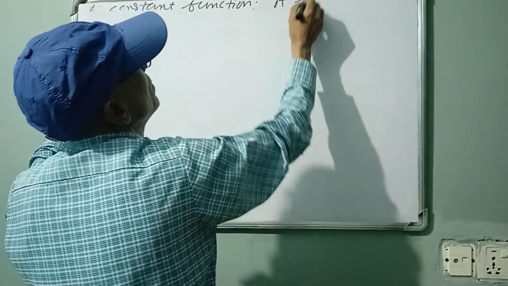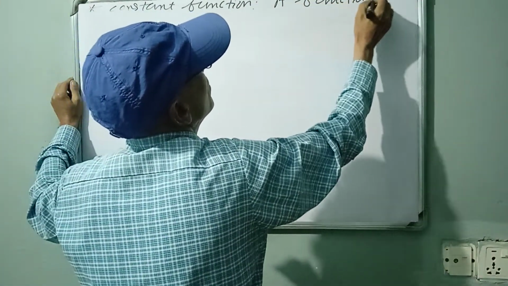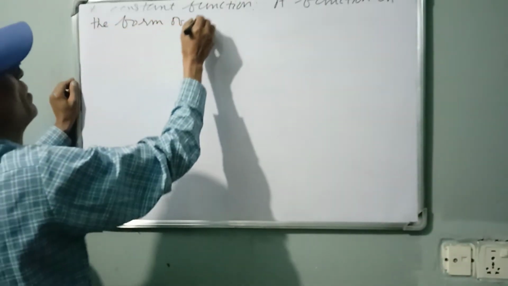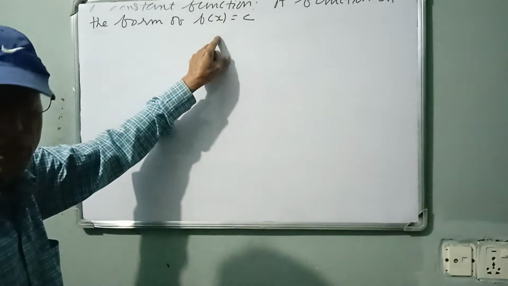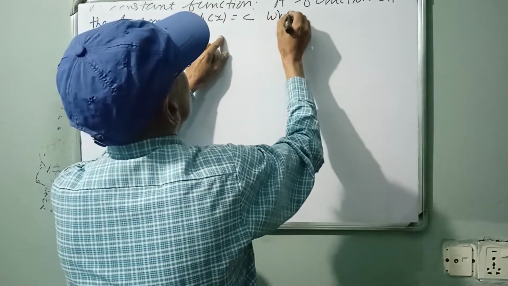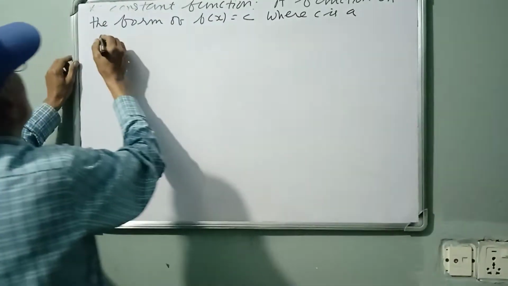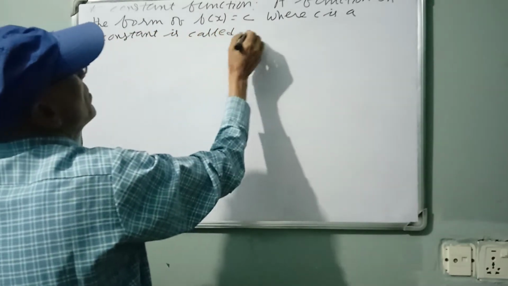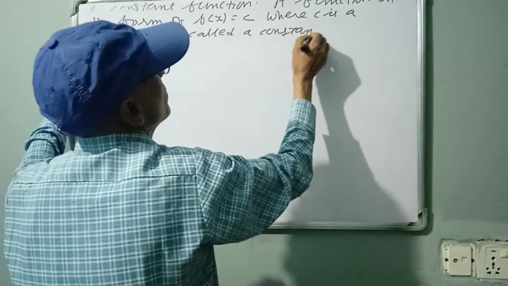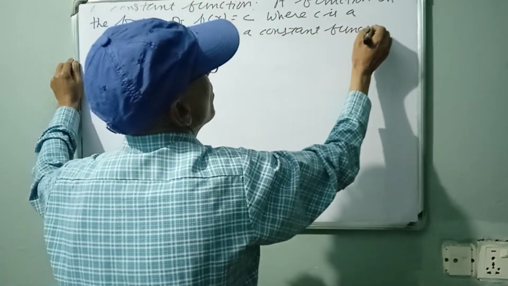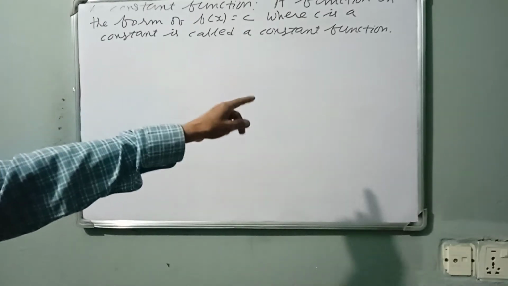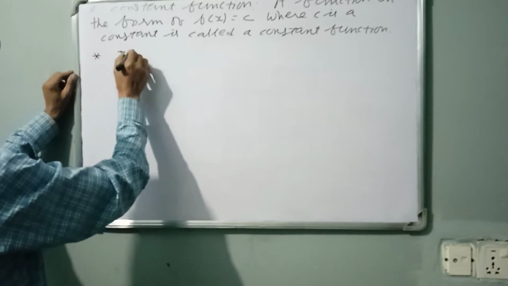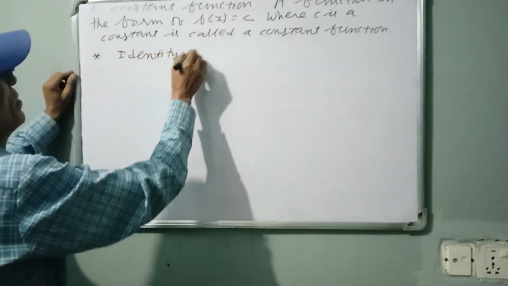A function in the form of f(x) equals c, where c is a constant, is called a constant function. A constant function is one whose value is constant.